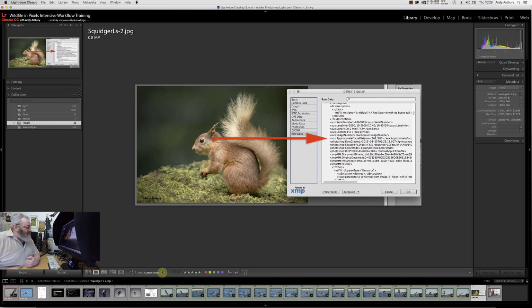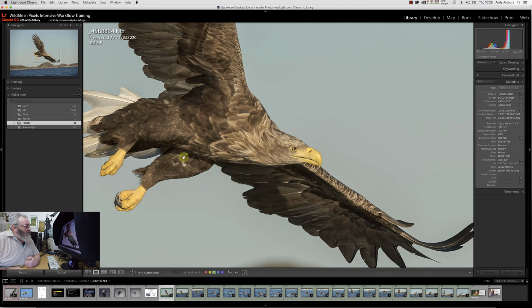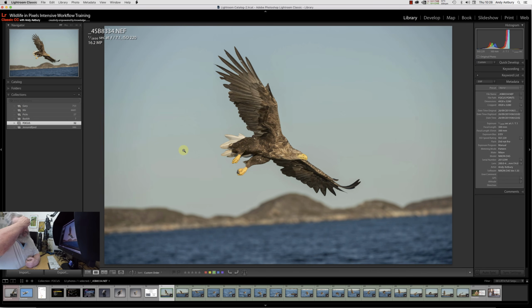So to temporarily come back over here, these birds are probably around 20-25 meters away. They are a big bird. I mean, you're talking what, a meter, 2 meters, 2.5 meter wingspan. Yeah.